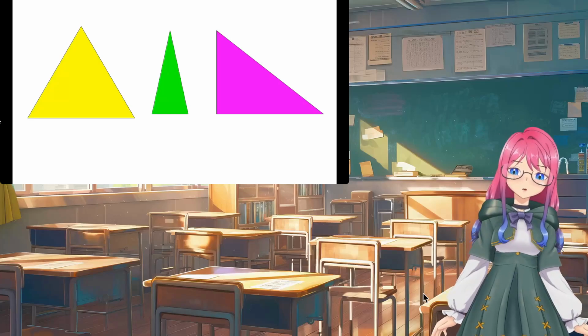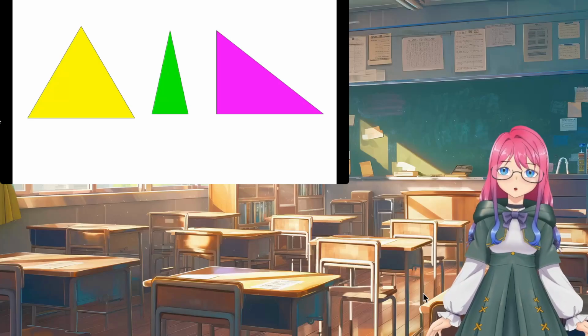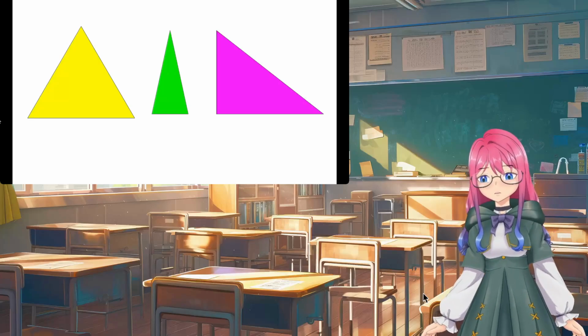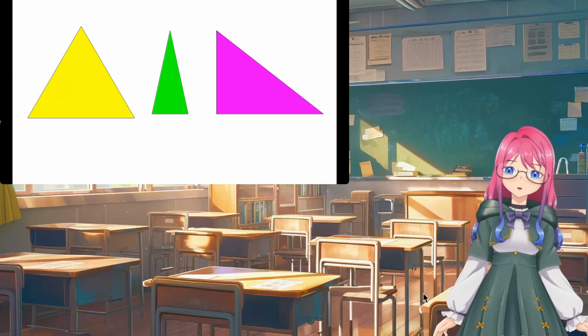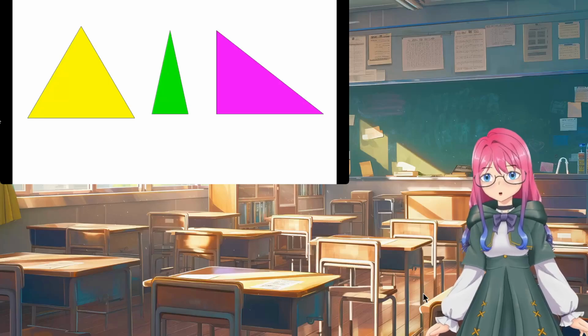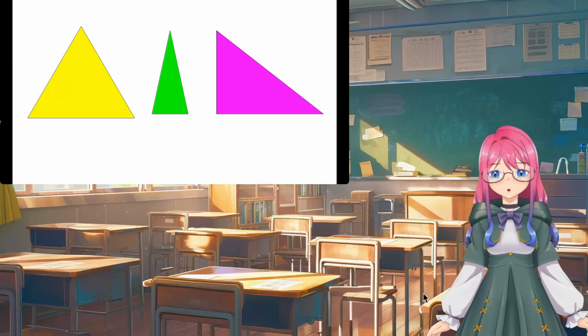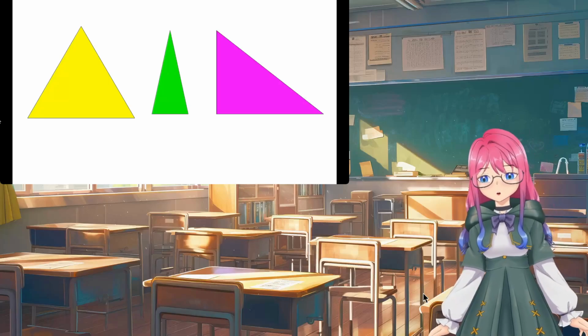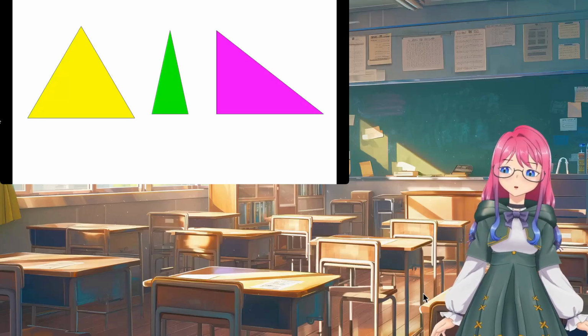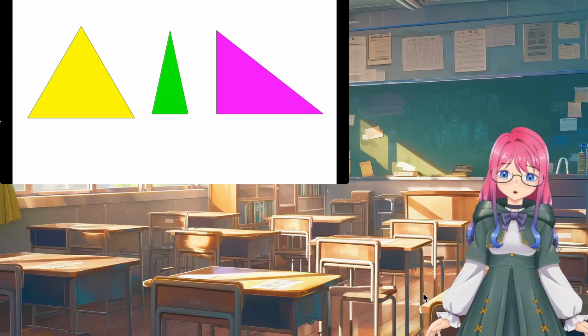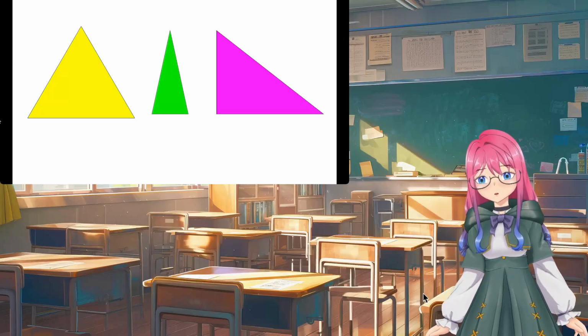The green one here is called an isosceles triangle. It means that only two sides have the same length. In the equilateral one, all three sides had the same length and all three angles were the same. But in an isosceles one, we have only two sides with the same length. That means that all three angles will not be the same.